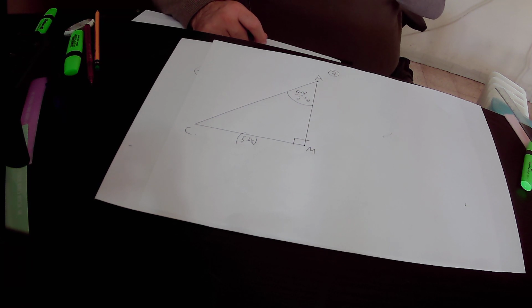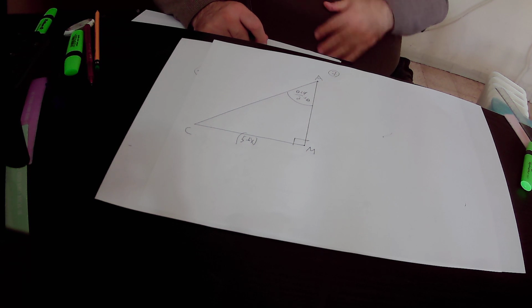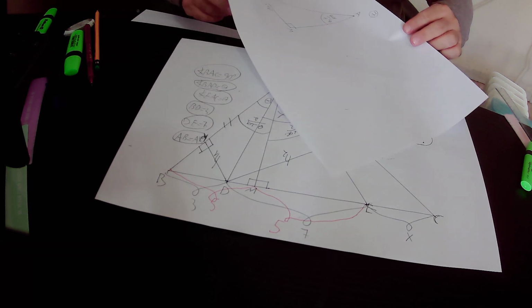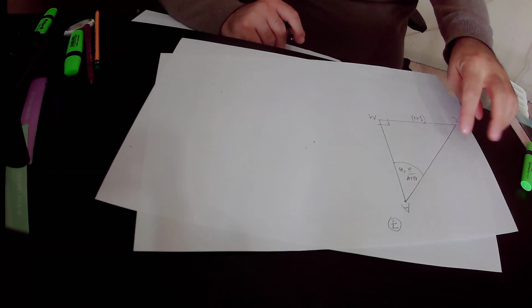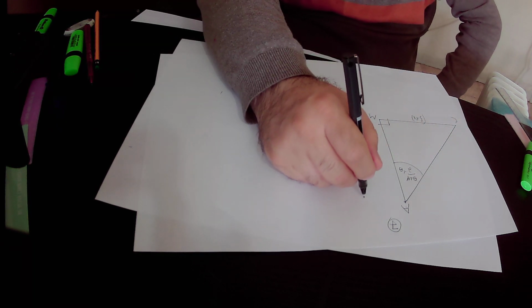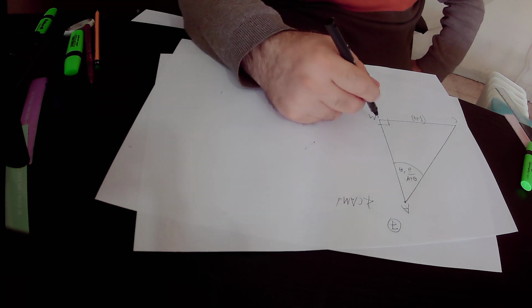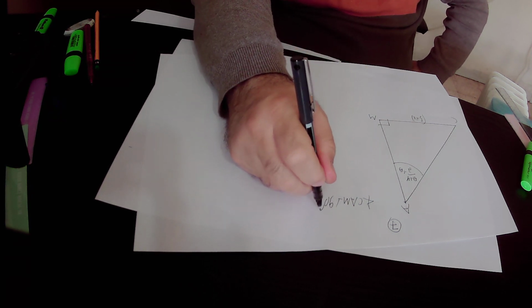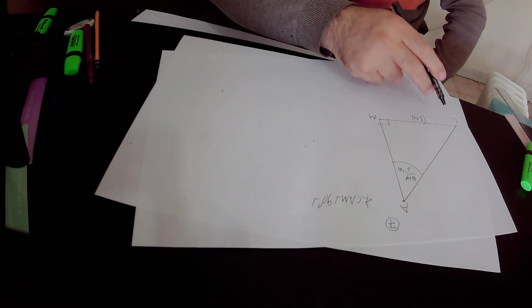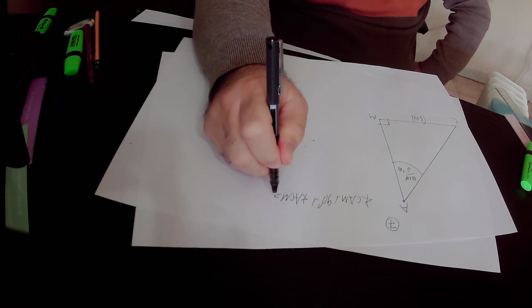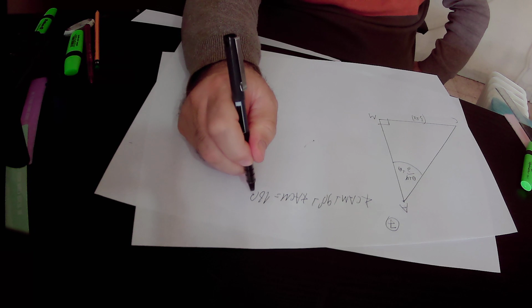So we know that the sum of the angles in any triangle is equal to 180 degrees, and especially in triangle ACM, the sum of its angles is equal to 180 degrees. So this angle is angle CAM, plus this angle is equal to 90 degrees, plus this angle, which is angle ACM. In total, the sum of those three angles must be equal to 180 degrees.